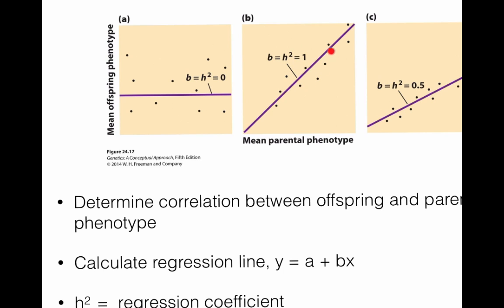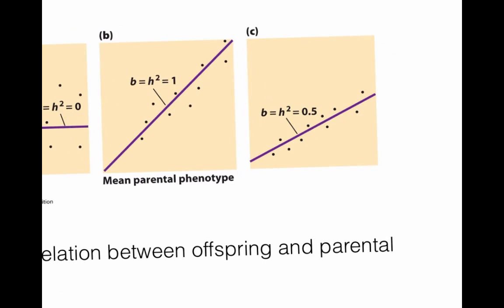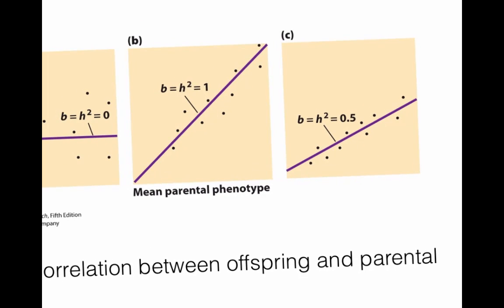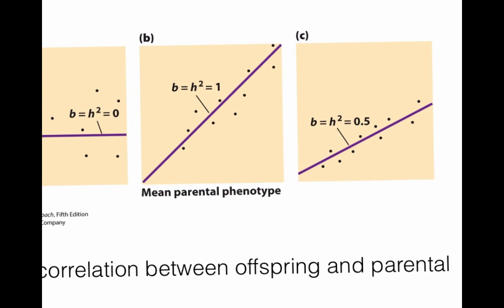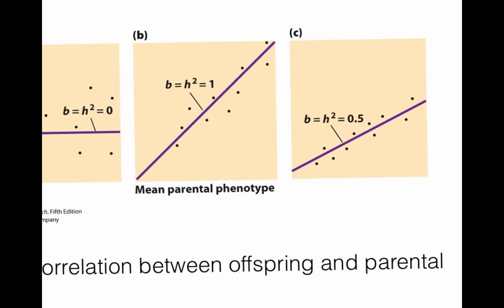And in fact, it shows here that for every unit of increase in parental phenotype, we can expect a unit of increase in progeny phenotype. So there is a perfect correlation of the genes you get from your parents to the phenotype that you manifest. Now here you see that the correlation is not as perfect. I mean, they're highly correlated, but the slope is not as distinctly covariant, and therefore our heritability is only half.